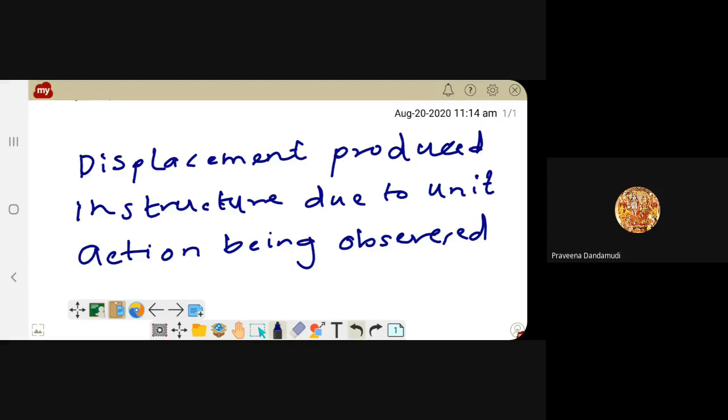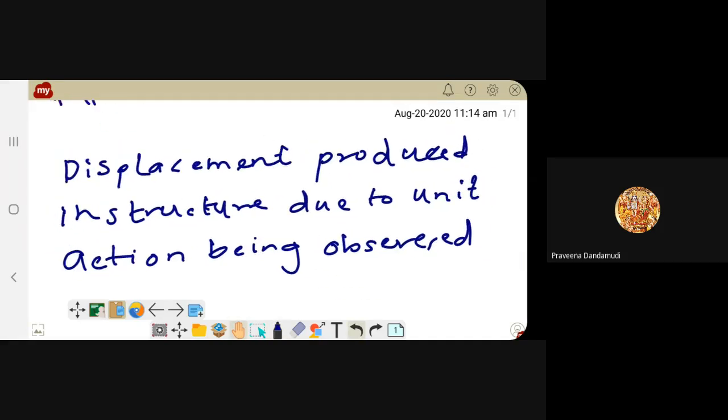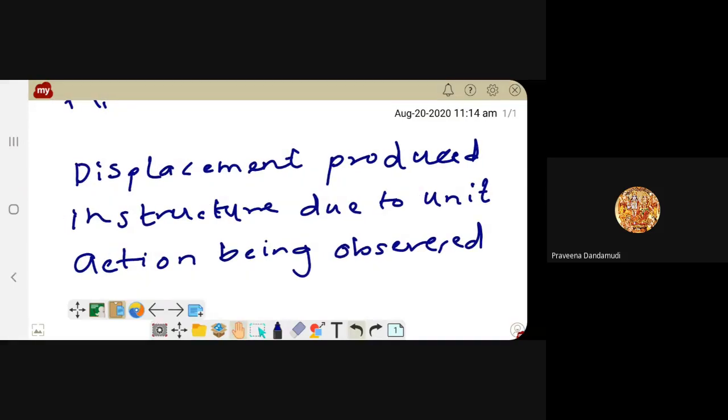Okay, you just see this particular definition of flexibility. Displacement produced in the structure due to unit action being observed.